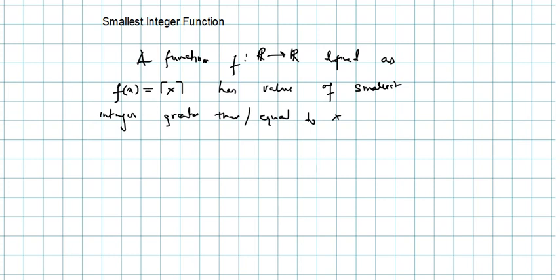So if we plot the graph now, again, so this is -1, -2, -3, 1, 2, 3.